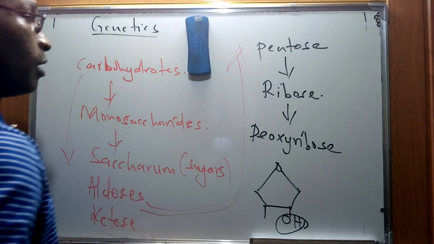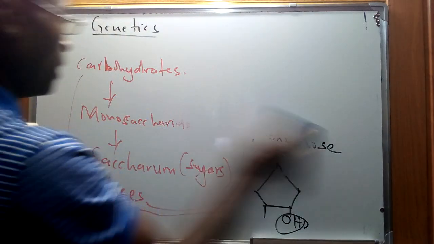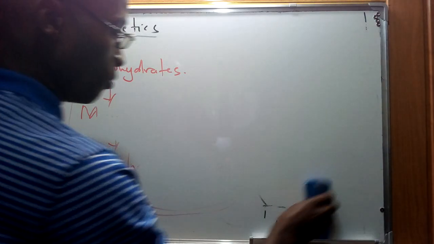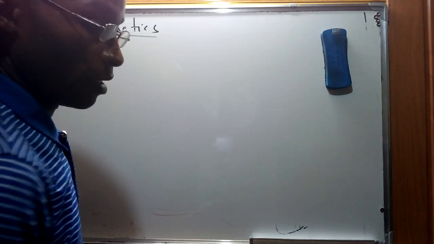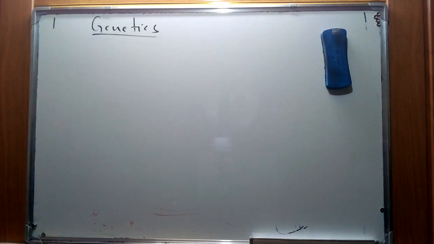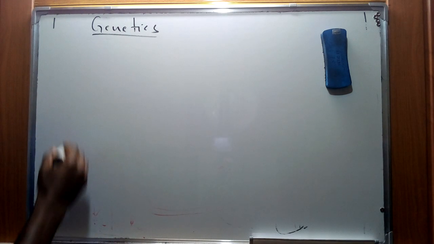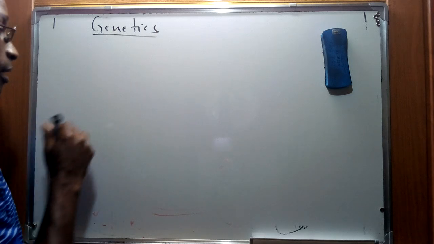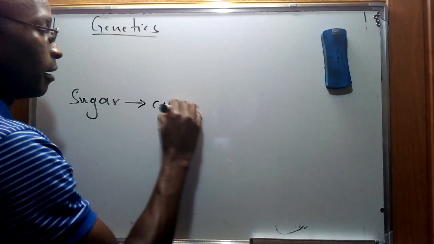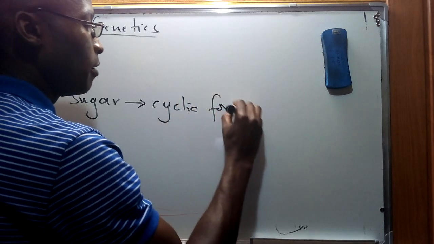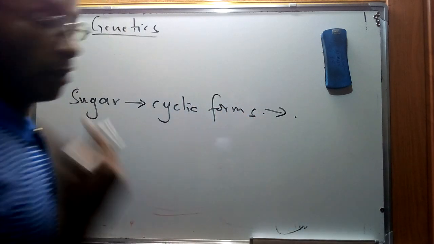And we already said that from these specific sugars, we can have a cyclic form of carbohydrates, which are derivatives of the Fischer projection of the sugars, which can undergo a rearrangement to form the cyclic forms, which we illustrated in our last discussion.